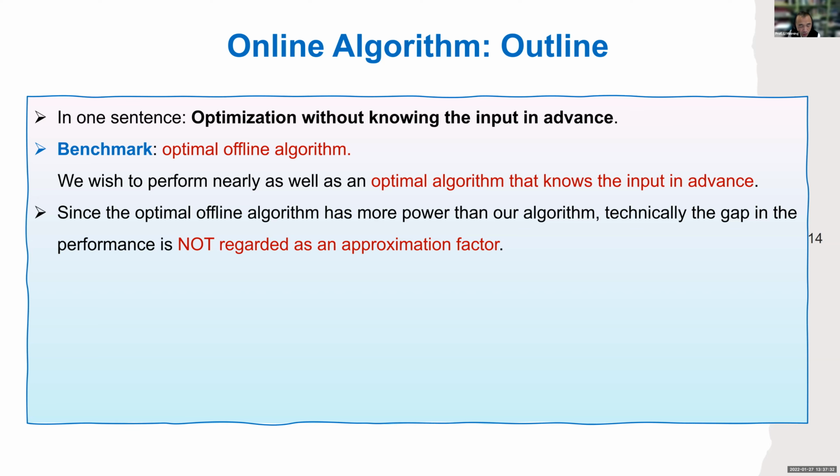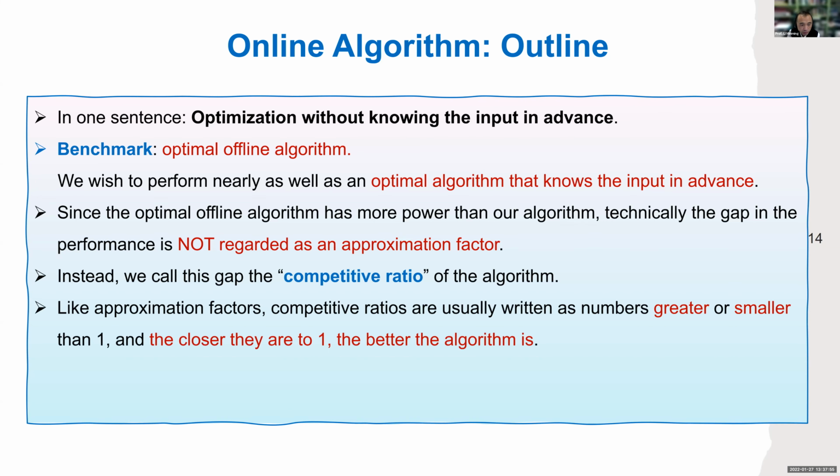Now, because the optimal offline algorithm has more power than our algorithm, technically this gap in the performance is not because of the computation limit, right? Therefore, we do not call it the approximation factor. Instead, we call it competitive ratio, right?